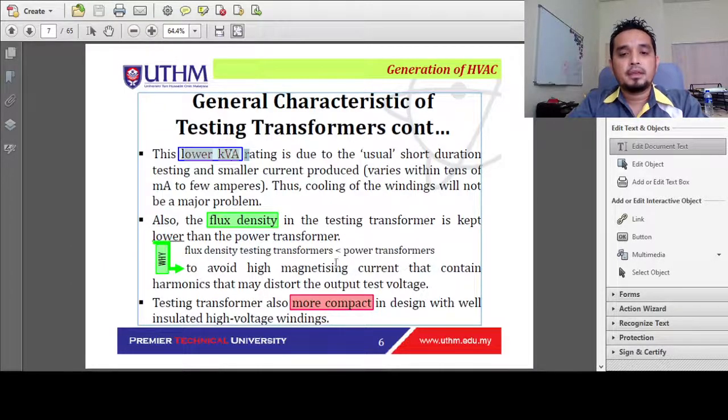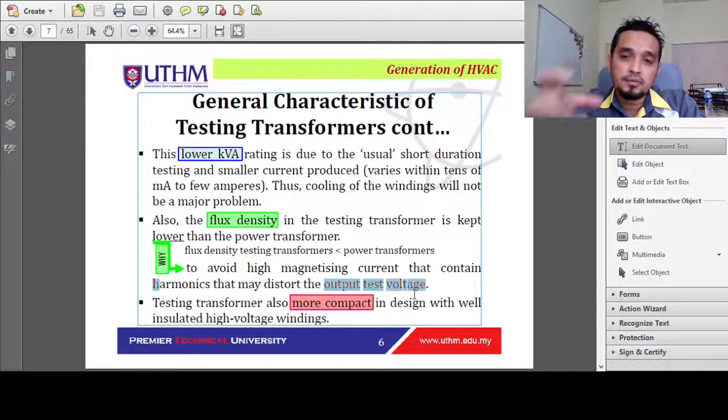The flux density in the testing transformer is kept lower than in the power transformer. Why do we restrict the flux density? We don't want a high magnetization current that will cause harmonic distortion to the output voltage during the test.